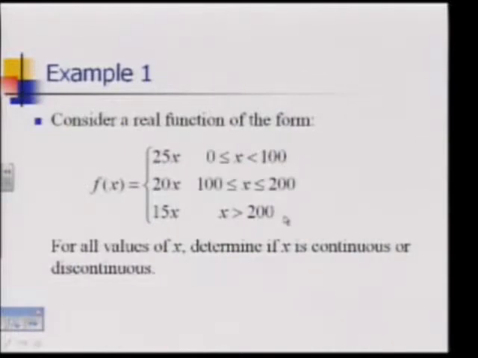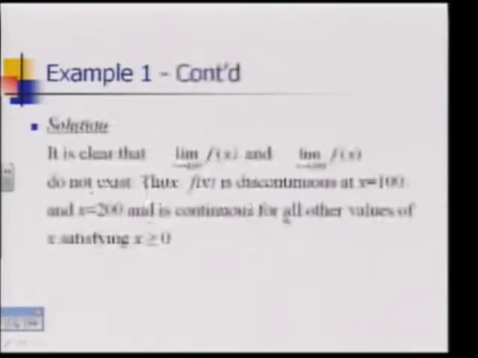Okay, and 100 and 200. Very good. You check the limit from one side and the other, and the limit at these two points doesn't exist. So in that case, we see two discontinuity point locations.